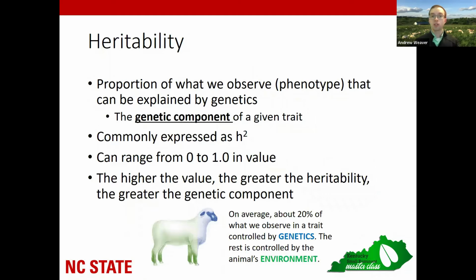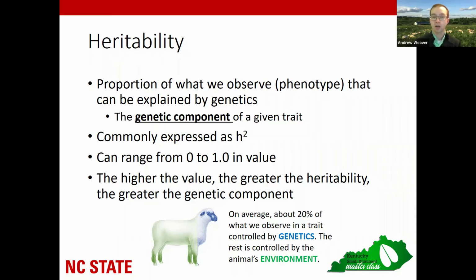So we've collected the records, and we've accounted for those environmental differences. By doing so, we take into account the heritability. Heritability is the portion of what we observe, that phenotype, that can be explained by genetics. It's simply the genetic component of a given trait. Typically, this heritability is expressed as h squared. So if you see h squared, think heritability, and it can range from 0 to 1. A trait that has a heritability of 0 has no genetic component.